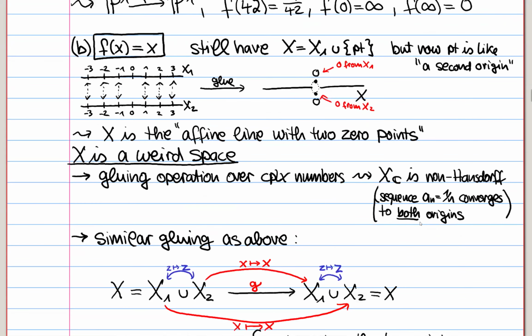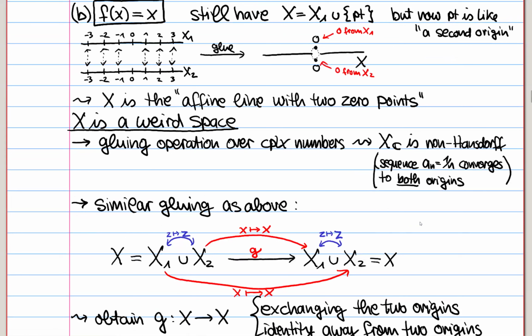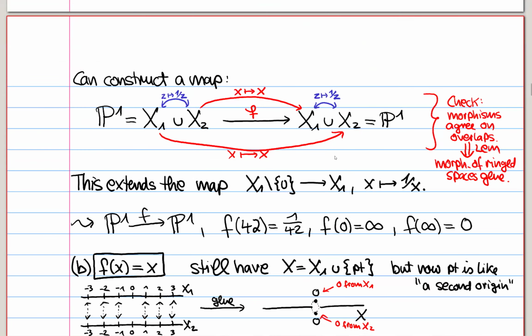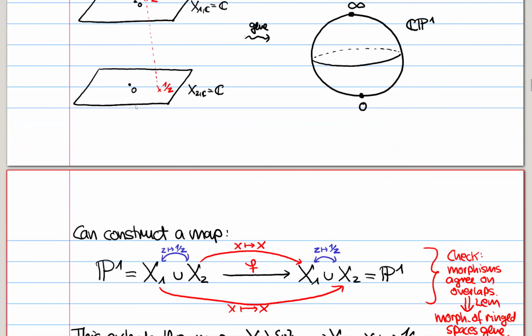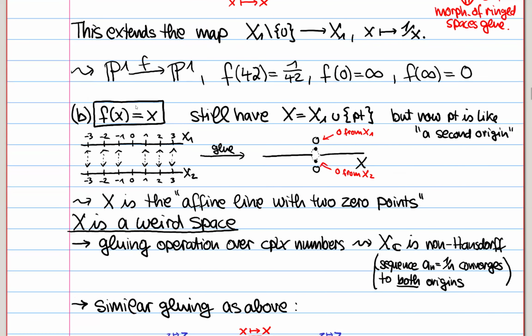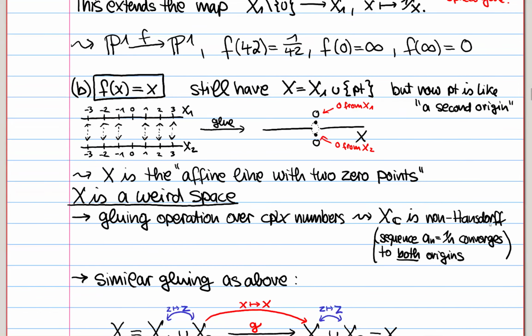And I just want to remark that X is a weird space in several possible interpretations. First of all, if we go to the situation over the complex numbers, then you have two planes like this, but now you identify this point with this point, this point with this point, and so on, except for the origins. And then you get a plane with two origins. That's really not a very nice space, because it is a non-Hausdorff space.